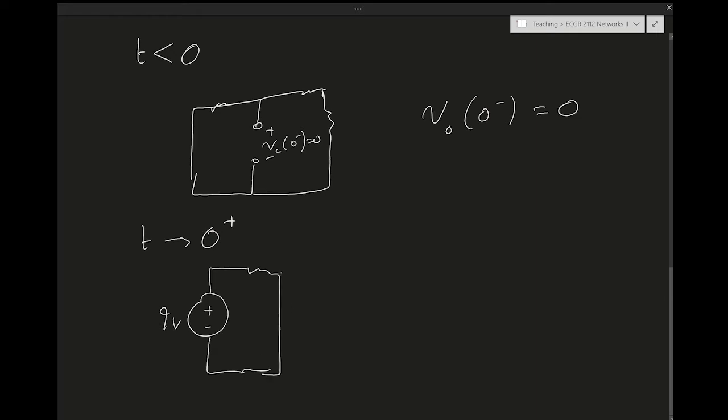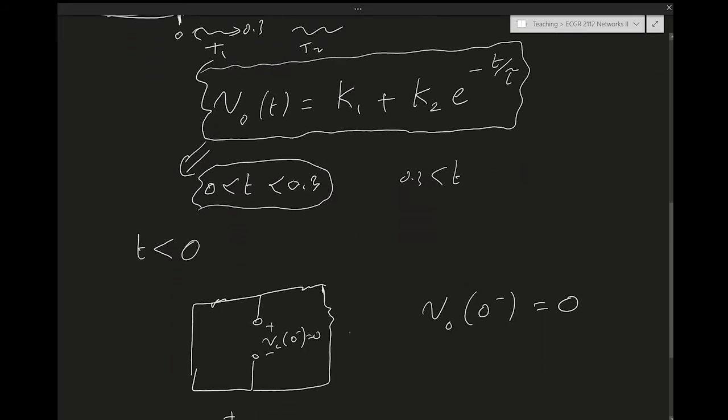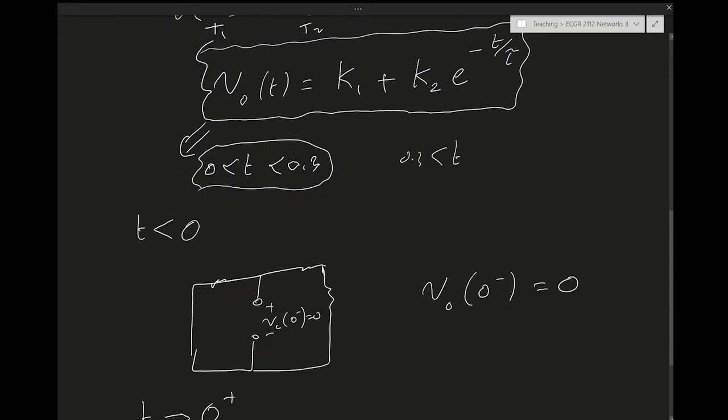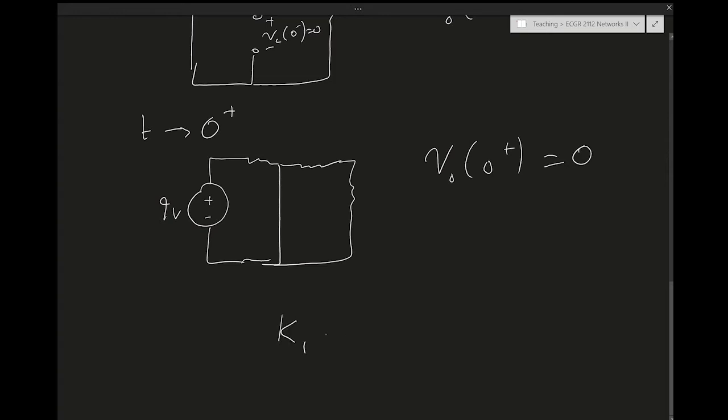It will appear as a short. And then we will have the other divider, so VO 0 plus will also be 0. Using that, we can instantly say that K1 plus K2 e to the power 0, which is 1, equals 0. This is the first equation that allows us to solve for K1 and K2.